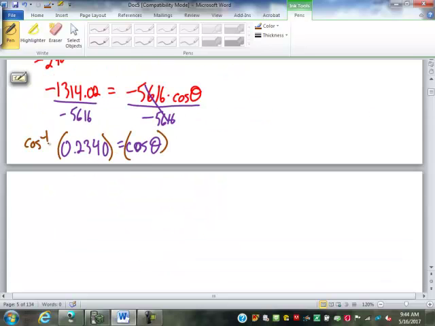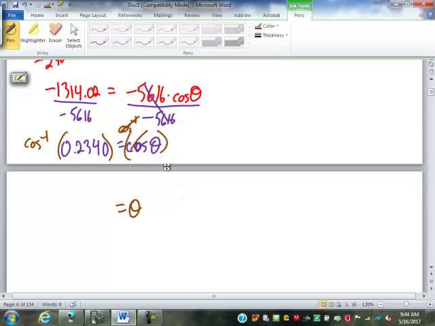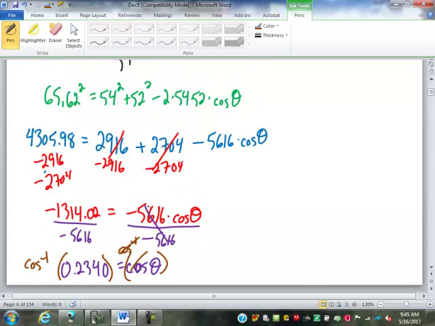Inverse cosine. So second cosine, second answer, 76.47 degrees. Everybody with me on that? So there is my angle, 76.47 degrees.